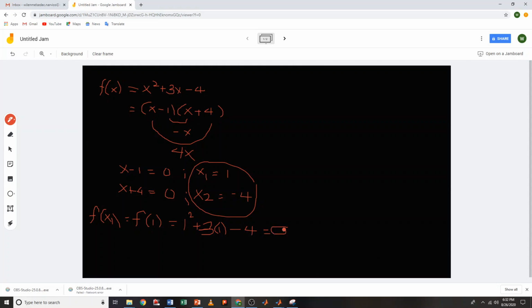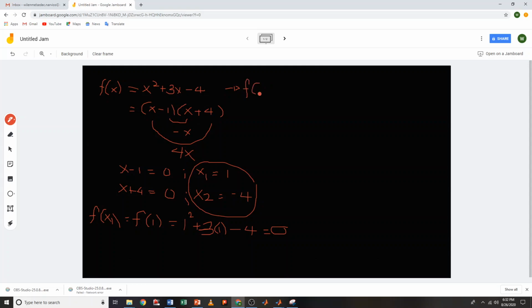So meaning this is a root of this function because f of x is equal to 0. That is our ultimate solution in finding the roots.